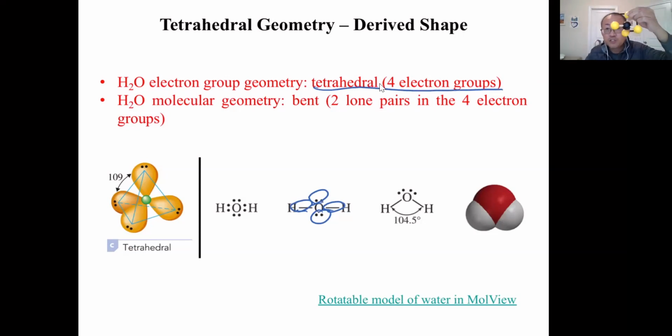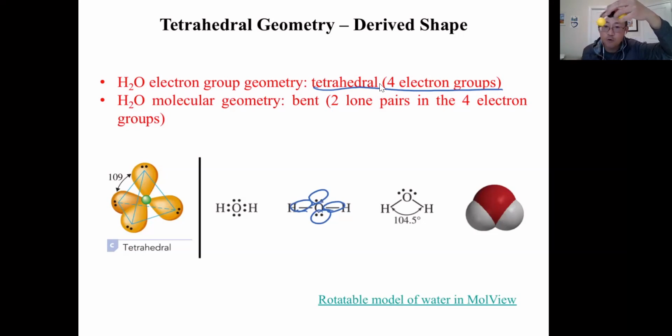However, 2 of those are lone pairs. There are no atoms in there. All you have is 2 hydrogens. The other 2 are electrons. So if you take those 2 electron pairs off, the derived geometry of water is bent again.